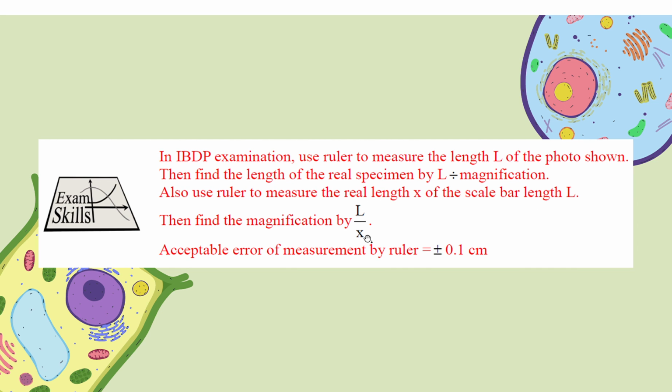Then divide the two, and you find the magnification. Next step, find the real length of the specimen. The error is fairly tiny, just 0.1 cm for the measurement. When you use the ruler, make sure you measure it accurately.